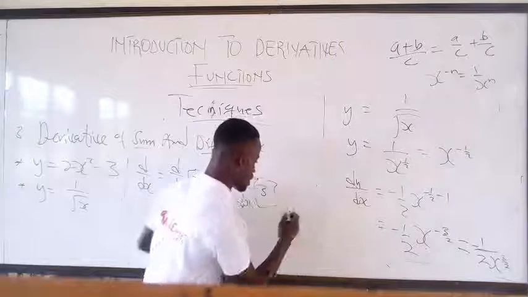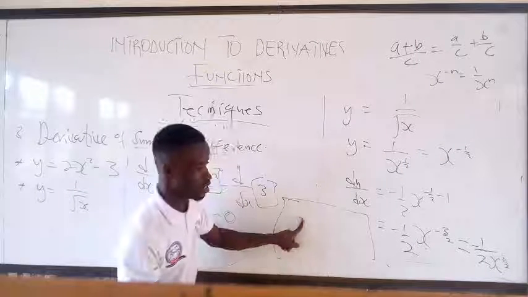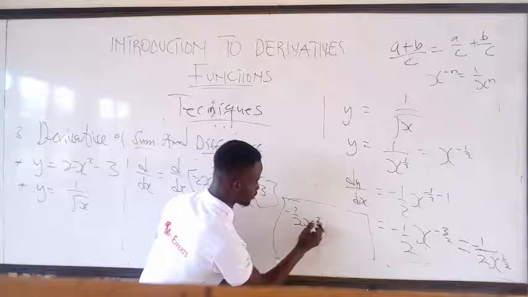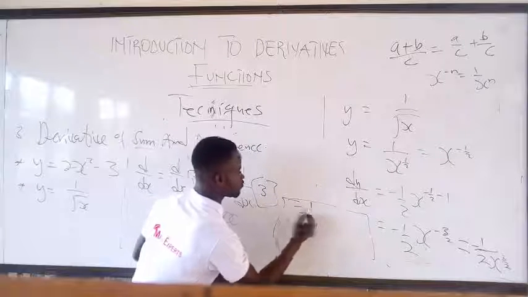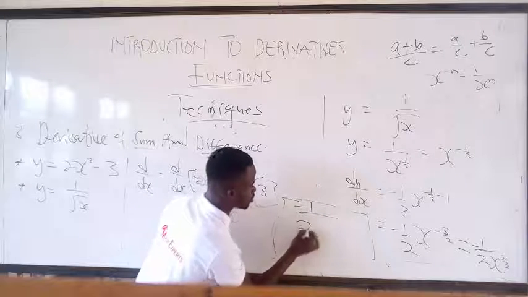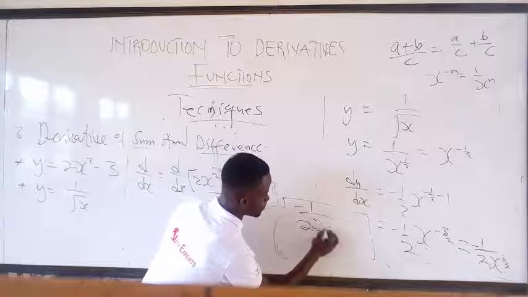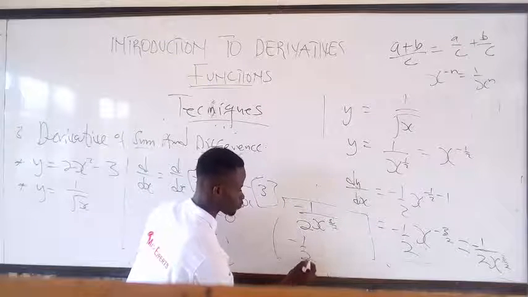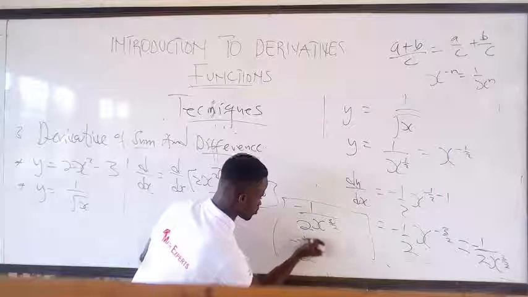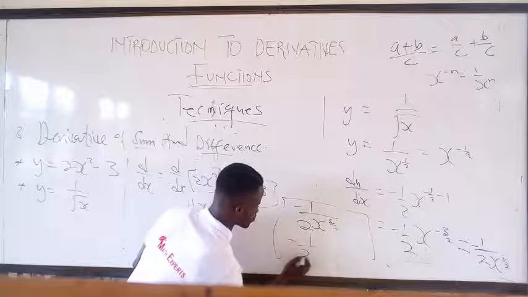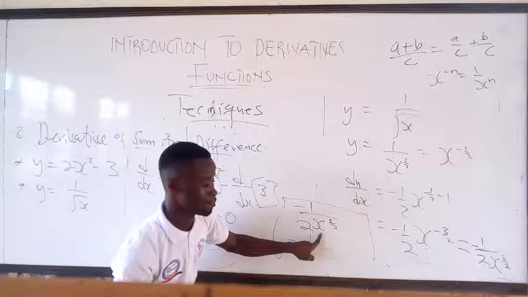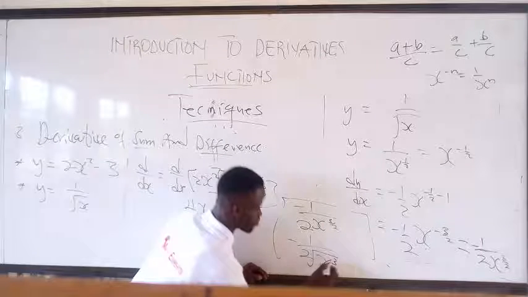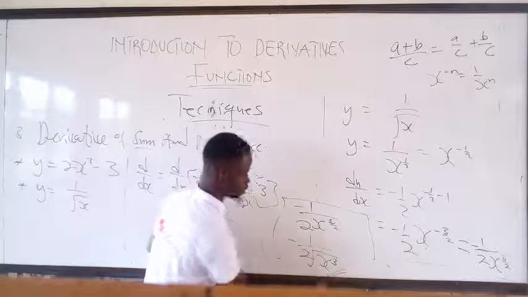If you have negative half s to the power negative 3 over 2, let me write it big so that you can see. If you have this, it is the same as negative half square root of s to the power 3, from your indices.